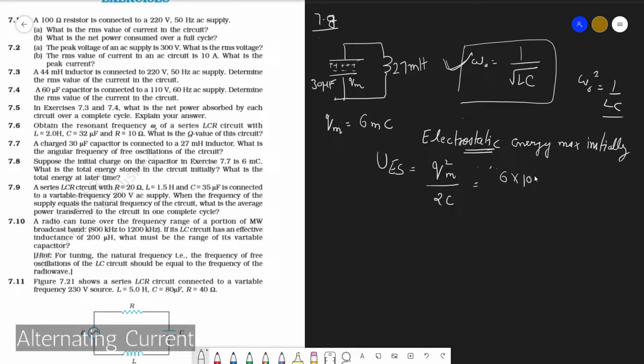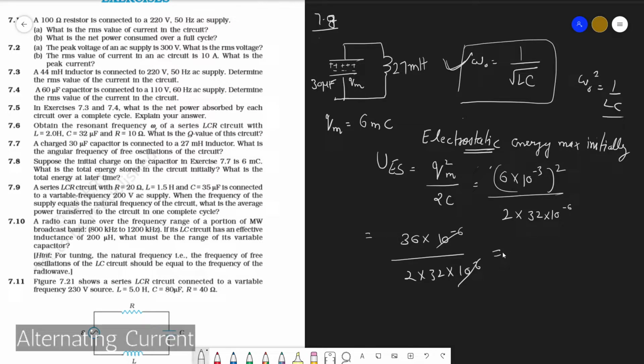So 6 millicoulomb square, this Qm square, upon 2 times C, where C is 2 into 32 into 10 to the power minus 6. If you calculate this, it is 36 into 10 to the power minus 6 by 2 into 32 into 10 to the power minus 6.